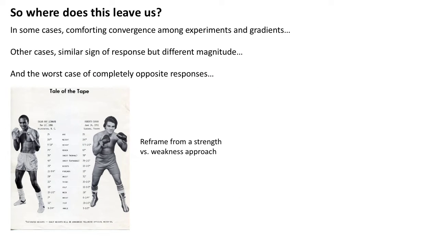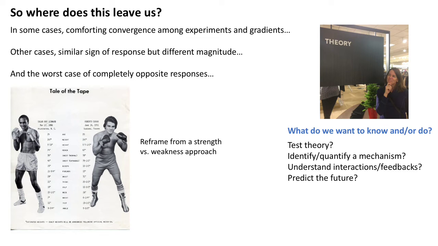So where does this leave us? There is certainly some comforting convergence among experiments and gradients that would make us think that both approaches can tell us the same thing. In other cases, we see similar signs of response, as I just mentioned, but different magnitudes. And then the worst case scenario is we see totally opposite responses. And so I think it might be worth reframing this question from a strength versus weakness approach to a what do we really want to know, or what are we trying to do, approach to understand which approach might be best to use.